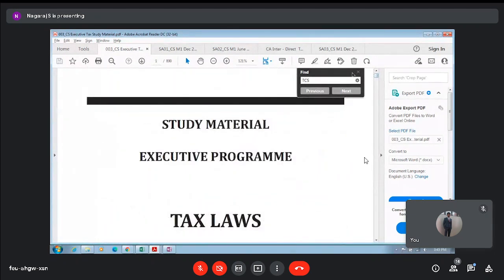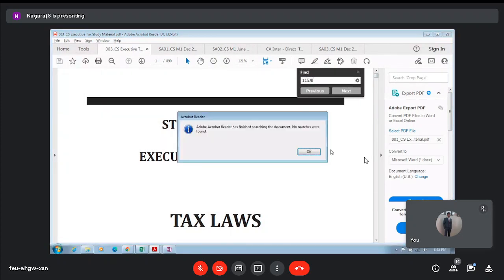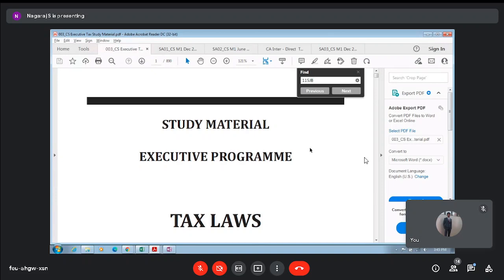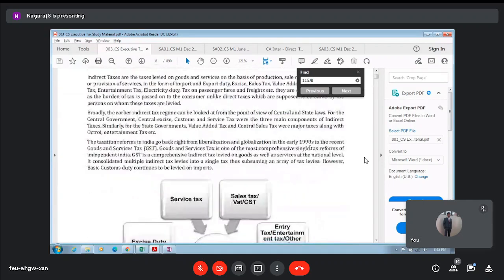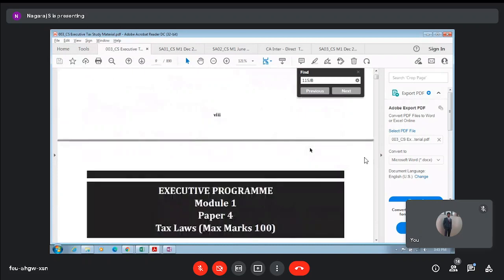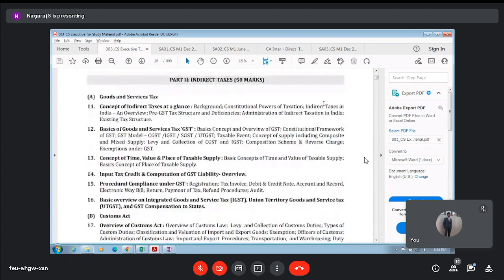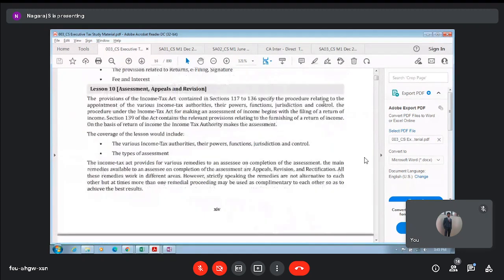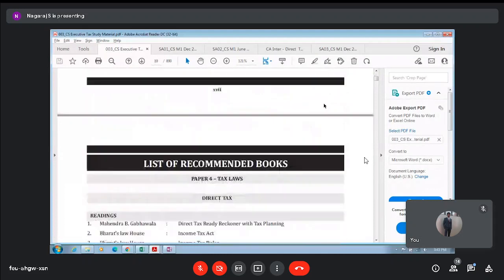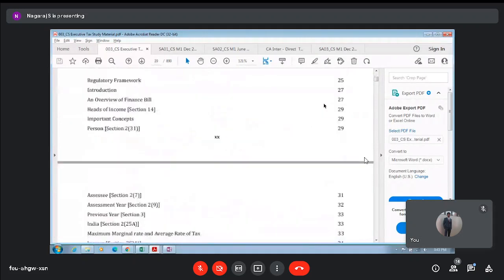What is the MAT? Section 115 JB. This is also same. You have company assessment. Why I asked you to ask that? Have I done the company rates for this? Can anyone tell me the page number?